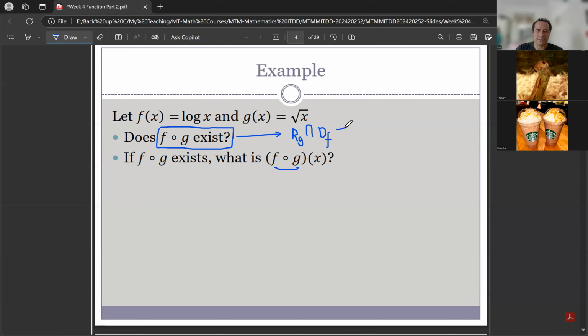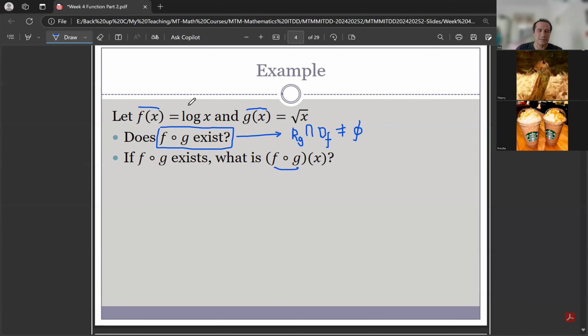We must have this condition to answer this question. Okay, we have two functions here, f(x) and g(x).